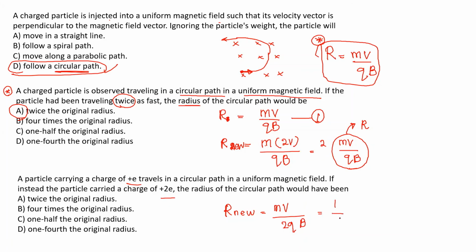If I rearrange this, this is our old radius, right? Old stuff, mv over qB. So what has happened to the new radius? It has become half, 1/2 of the original value.